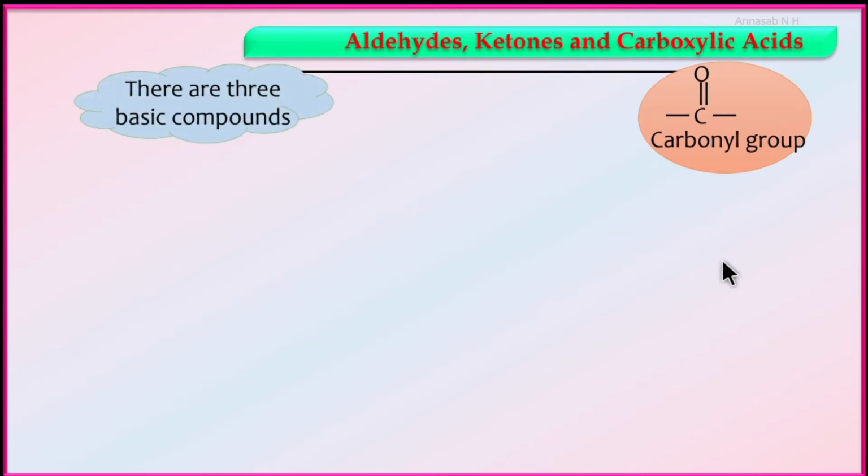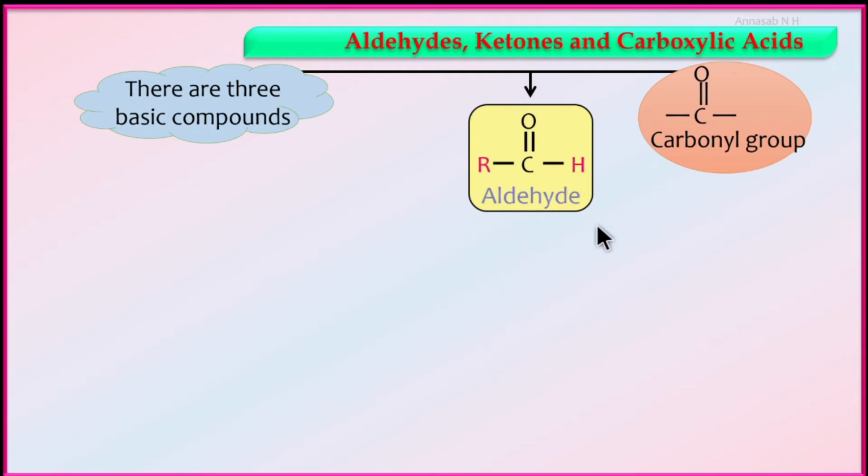For example, the first one, there is a presence of C double bond O. Out of 2 free valencies, one is an alkyl or aryl group represented as R group, and the other is compulsorily a hydrogen atom. It is RCOH or RCHO. Such type of compounds are known as aldehydes.